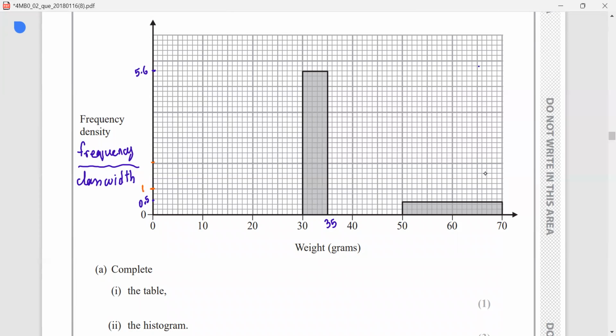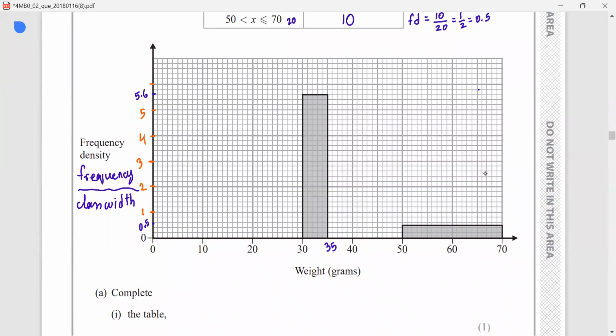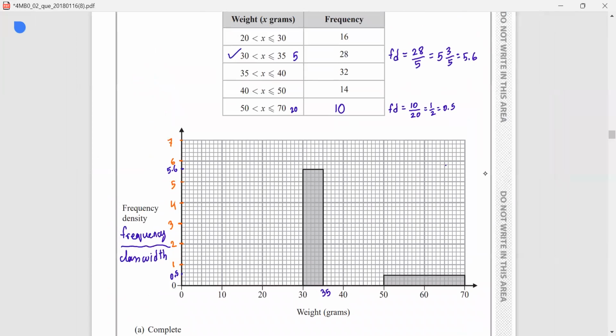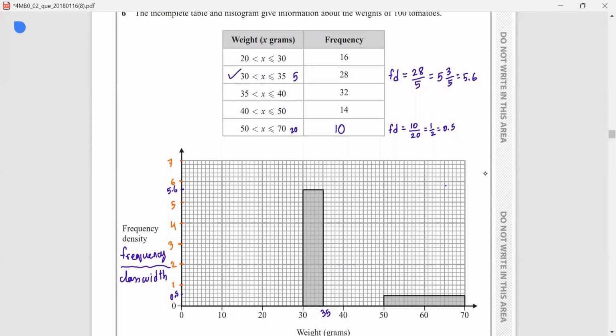1, 2, 3, 4, 5, 6, and 7. Now our vertical axis is labeled. From the first row, we can see that frequency is 16 and class width is 10.